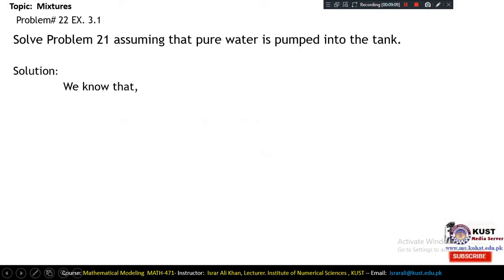And now this is the third problem, number 22, exercise 3.1. Solve problem 21, assuming that pure water is pumped into the tank. Now instead of a solution pumping into the tank, pure water is pumping into this tank. So the change in the amount of salt with respect to time is equal to R in minus R out.